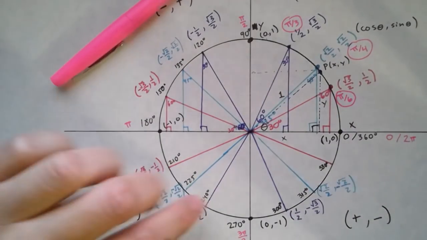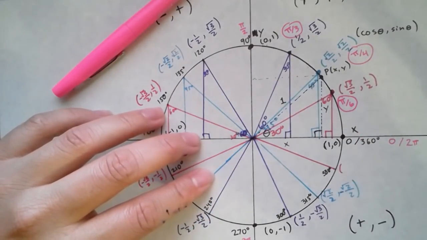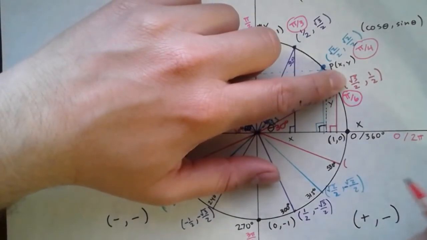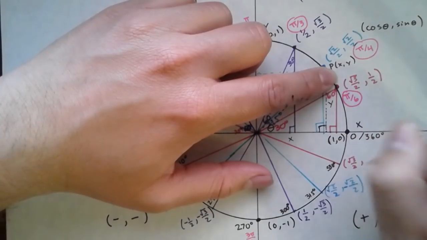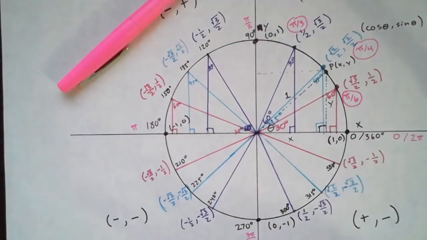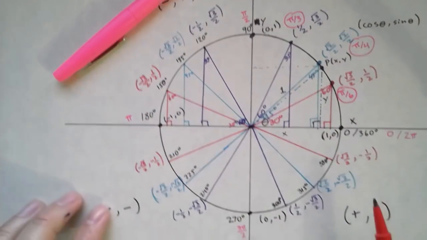So then this point here, right here, my x stays positive, my y is now negative 1/2. Okay, there, we just labeled the entire unit circle.